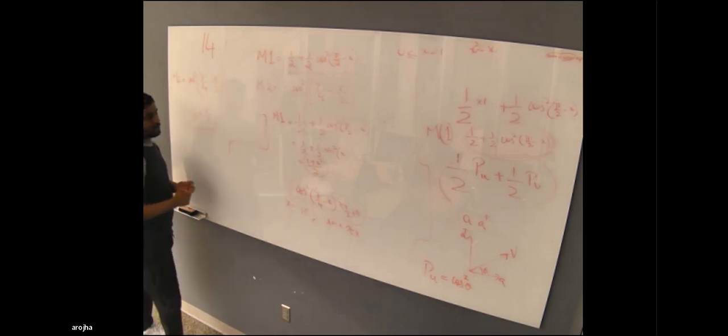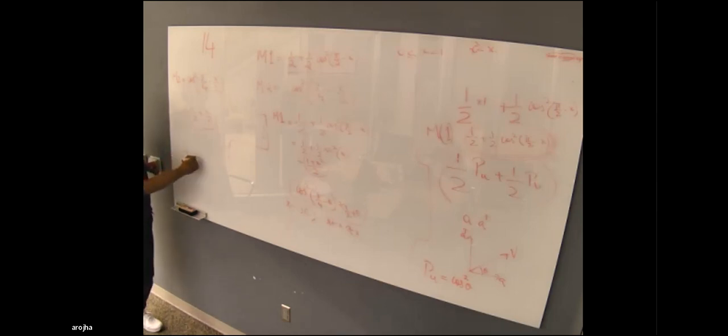So the answer for M2, yes. The answer for M2 is this one, the answer for M1 is this one. So the question is, do you remember that rule? If x is between 0 and 1.